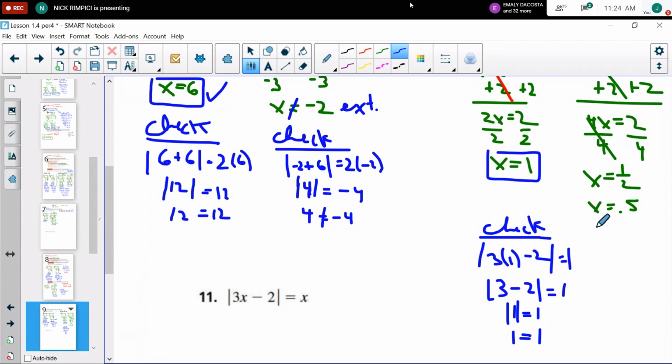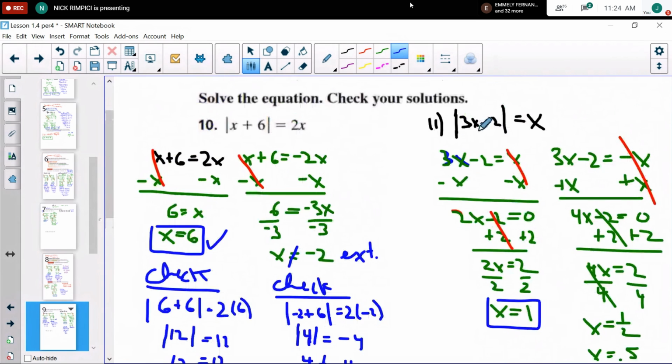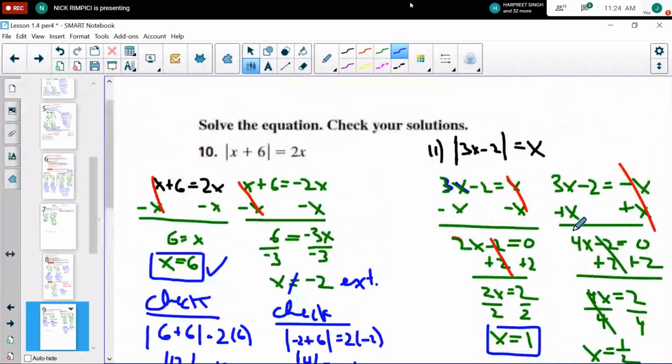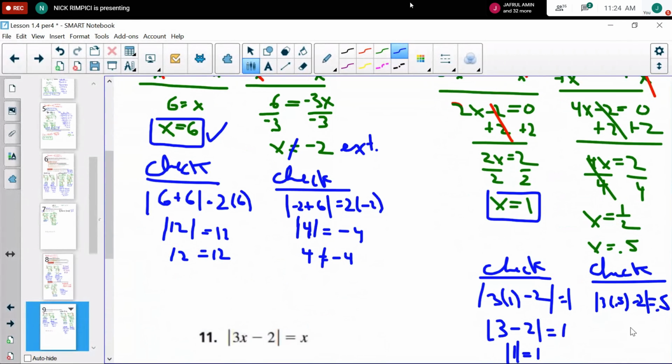Nice. How about 0.5? So 3 times 0.5 minus 2 equals 0.5, the other x. Okay, perfect.